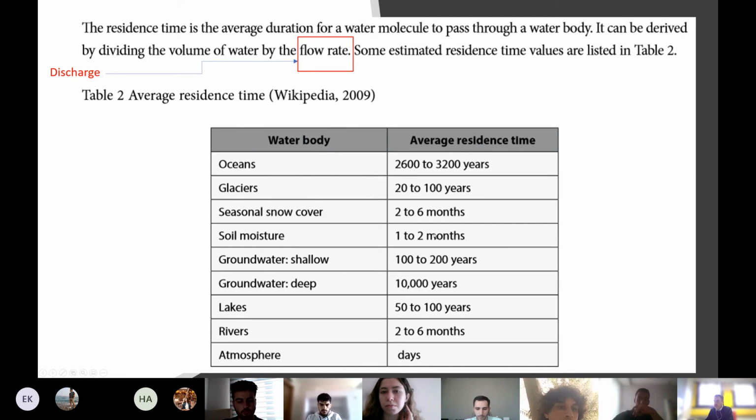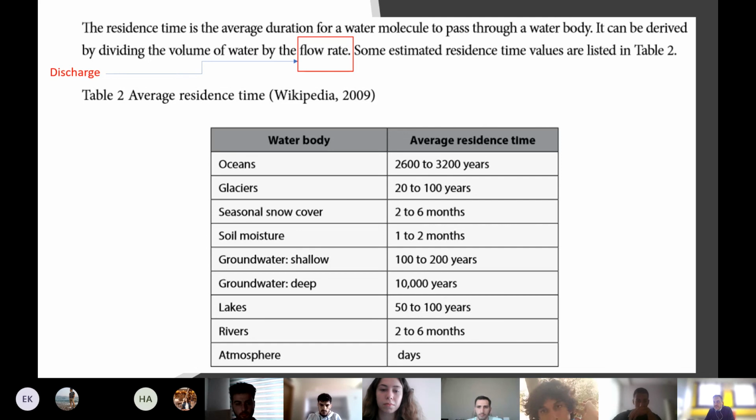Estimated residence times for different water bodies are shown here. For oceans, residence time is about 2,016 to 3,200 years. For glaciers, about 50 to 100 years.